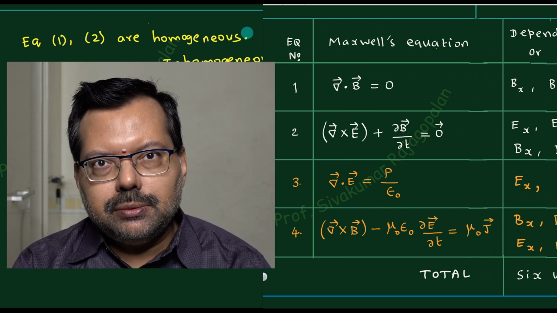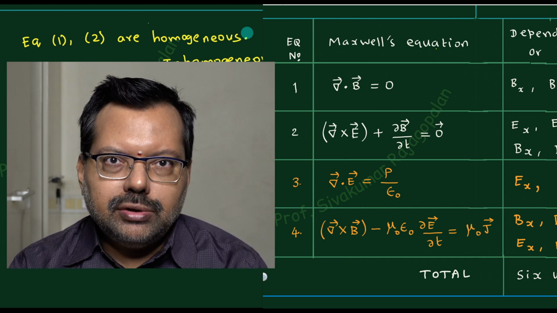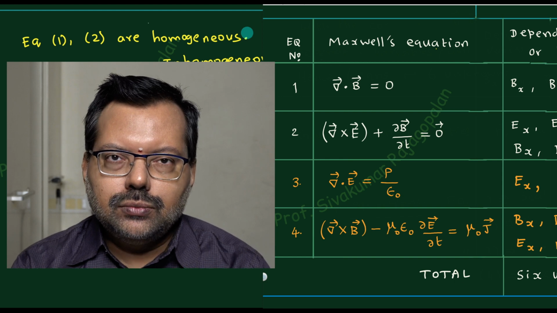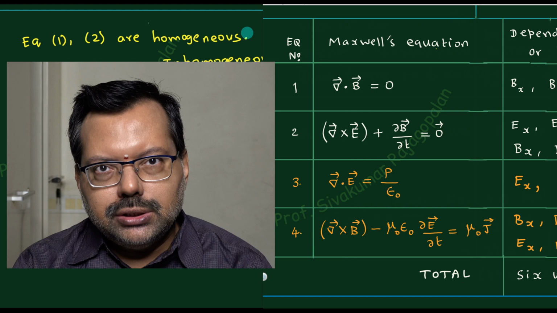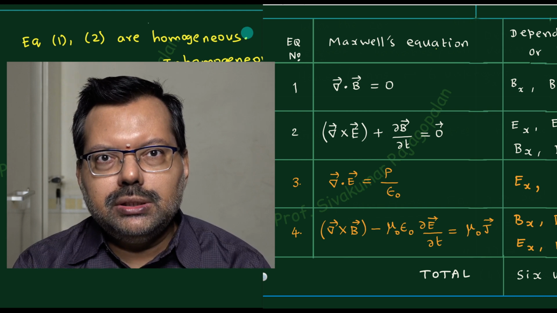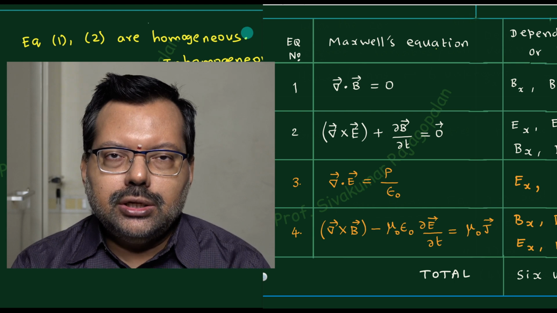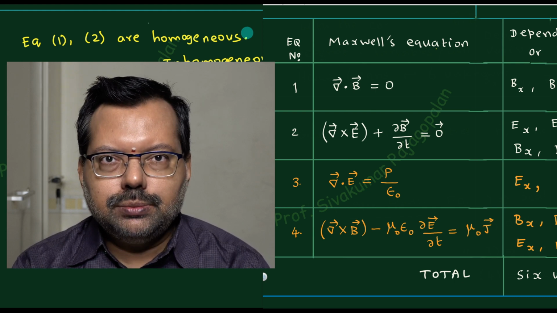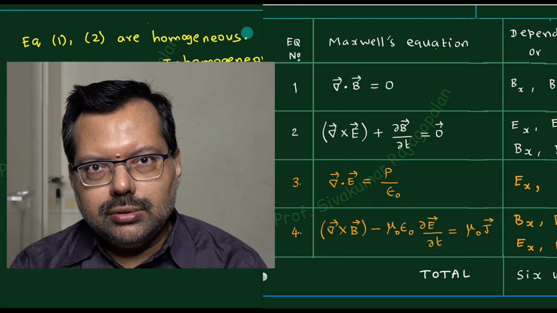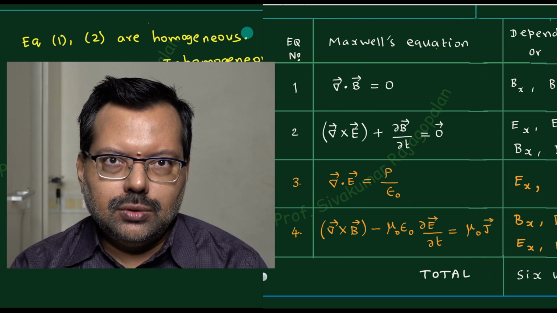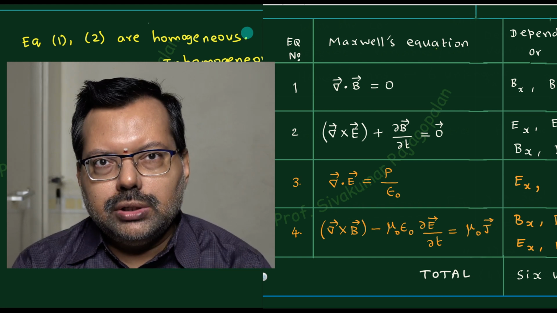So ultimately, what is the purpose of having gauge transformation, and what is the purpose of having a gauge called Coulomb gauge? The ultimate reason is that the differential equation corresponding to the potential will be simplified. If you don't fix any gauge, then the differential equation corresponding to the potential will be fairly complicated, for which we do not have a solution methodology, which means analytical techniques are not known to solve that equation.